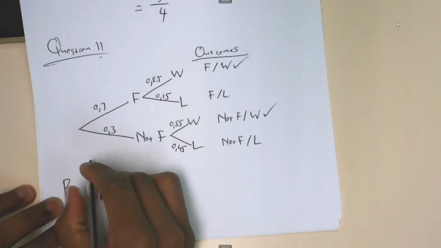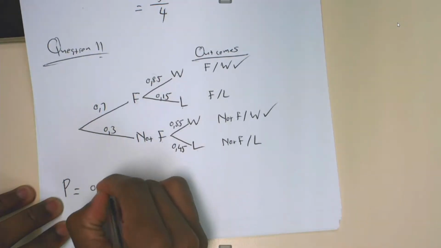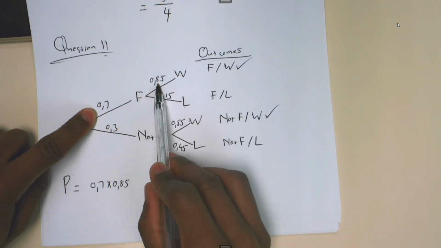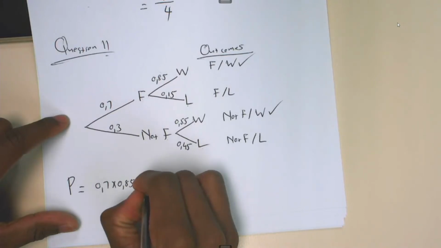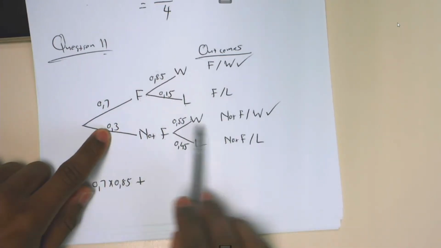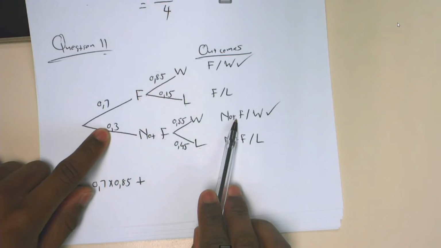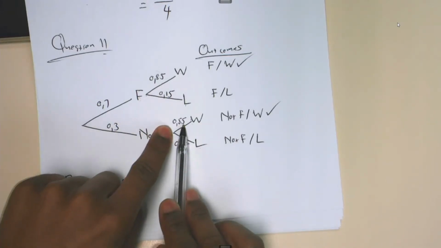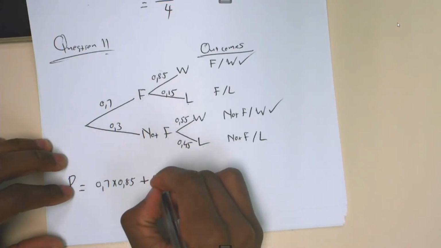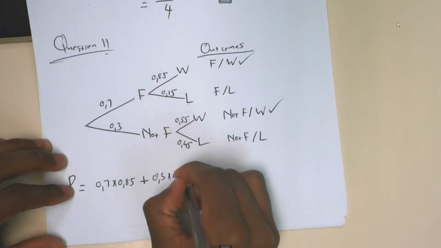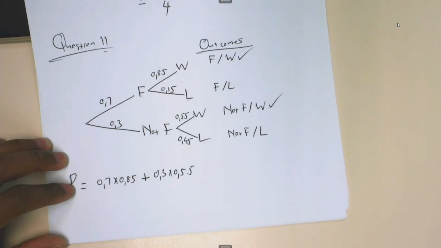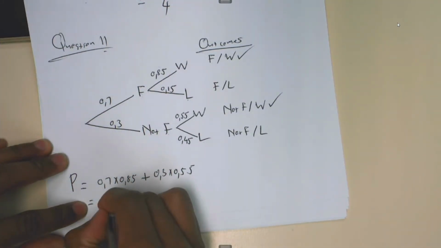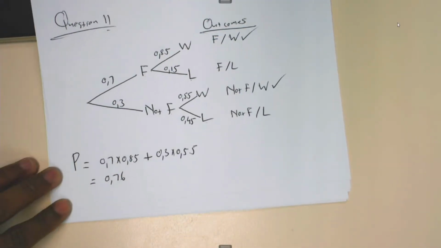So we'll have 0.7 multiplied by 0.85, the product of these two probabilities, plus 0.3, because I need the probability of the third event here, multiplied by 0.55. And then after simplification, you will get 0.76 as your answer.